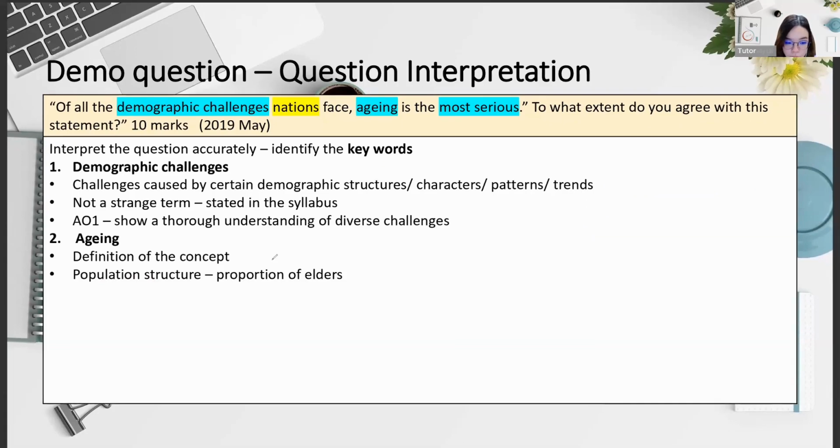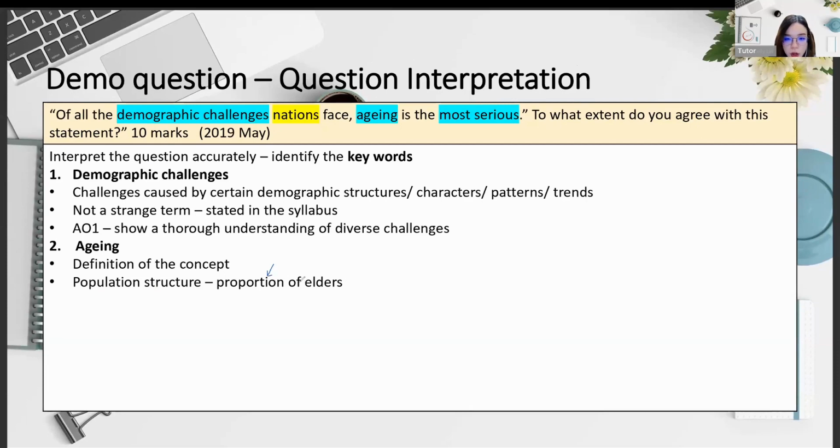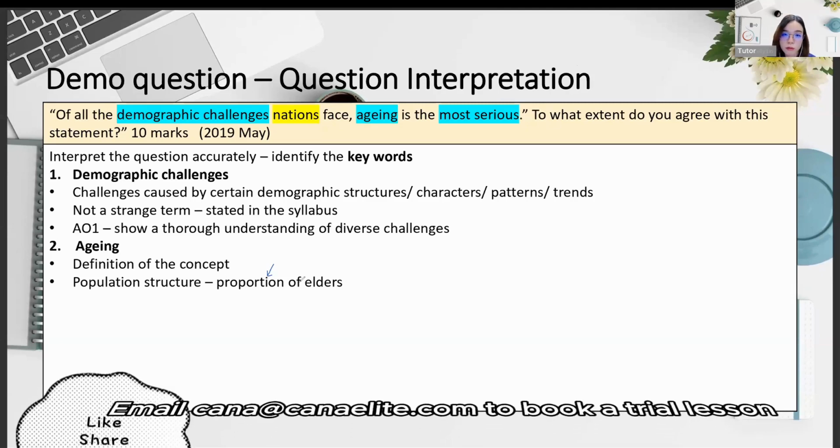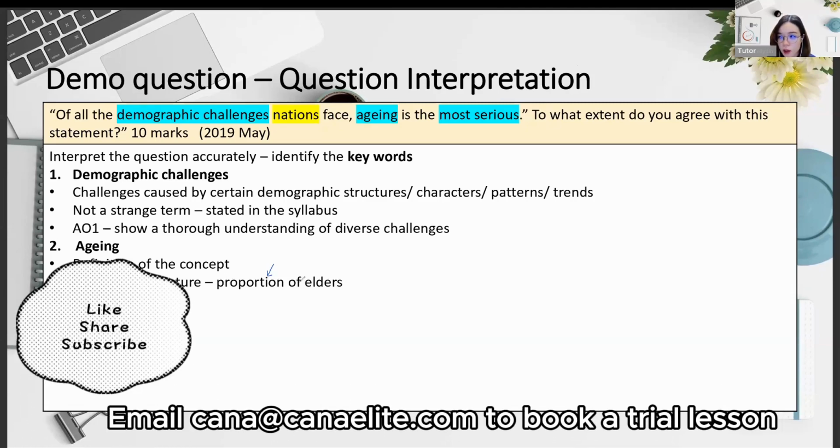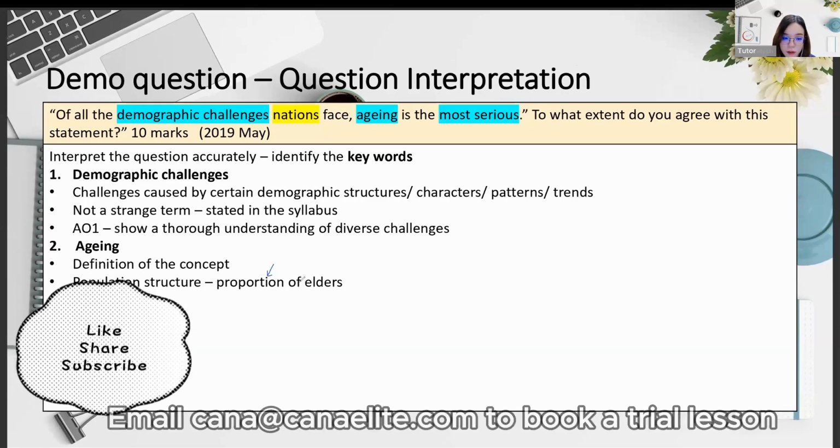And of course, just a reminder that whatever concepts are being tested in the essay, and whenever you need to define that concept, make sure your definition stated in your notes is accurate so that you won't make something fatal or some fundamental mistakes in the essay.